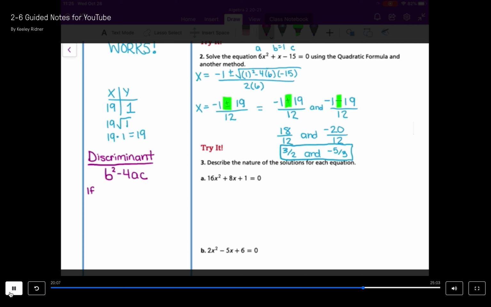If it is less than 0, so if you're not sure which symbol that is, that's less than. Good note taking there. Then no real solutions and 2 imaginary solutions or complex solutions.